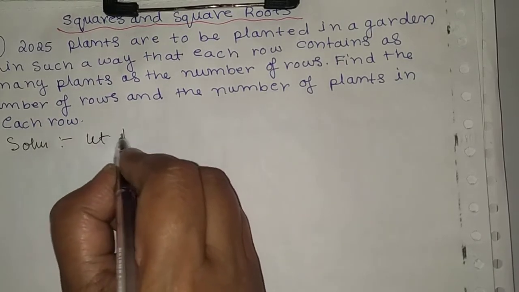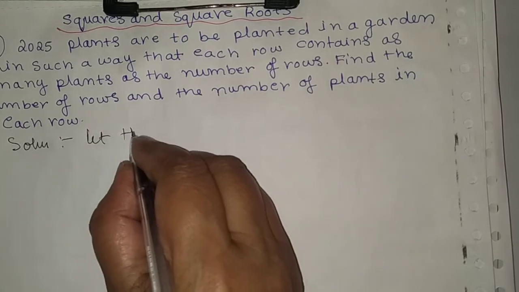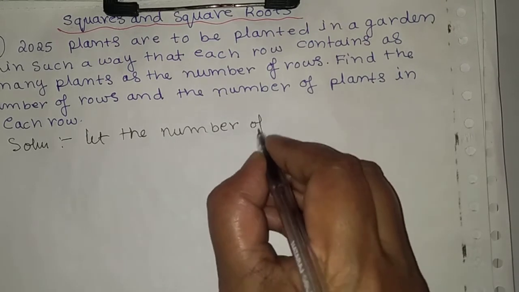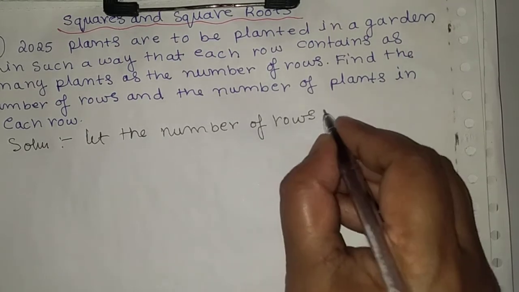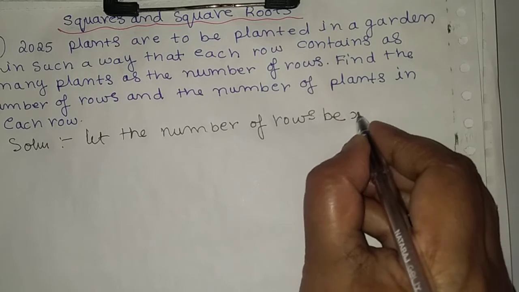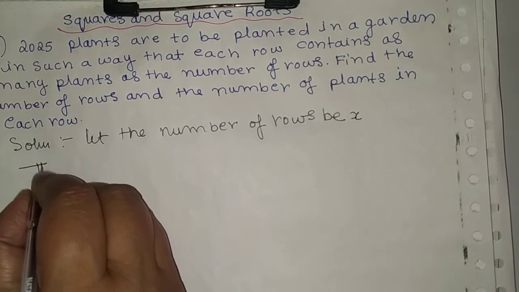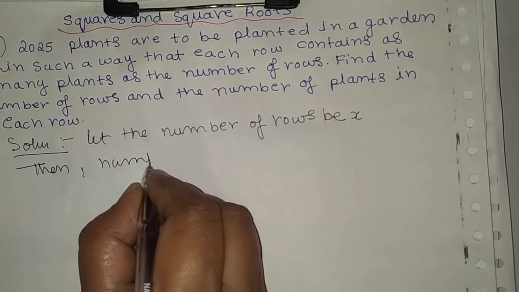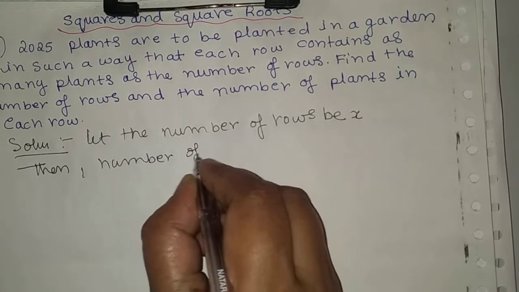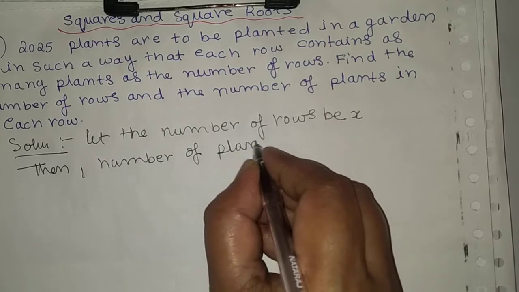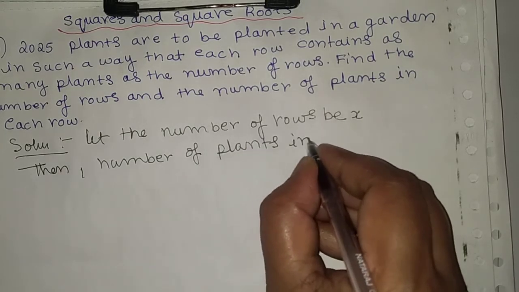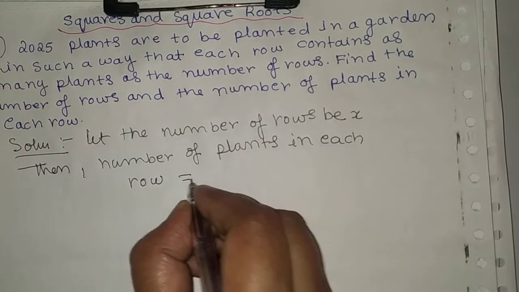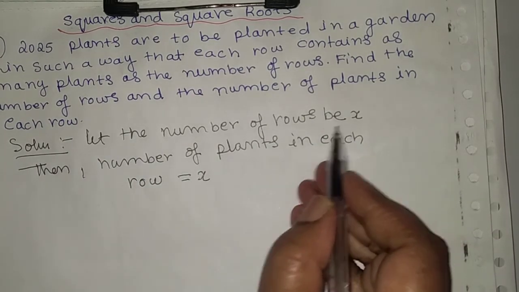Let the number of rows be x. Then number of plants in each row will also be x.